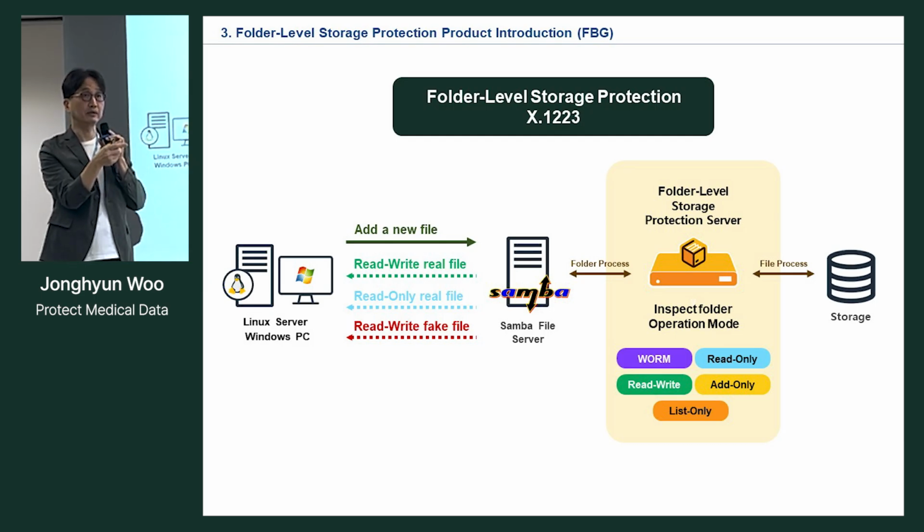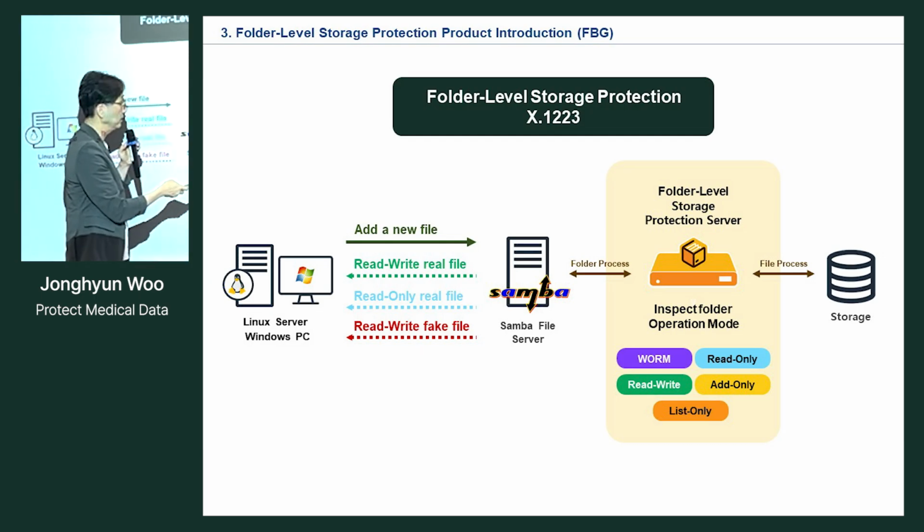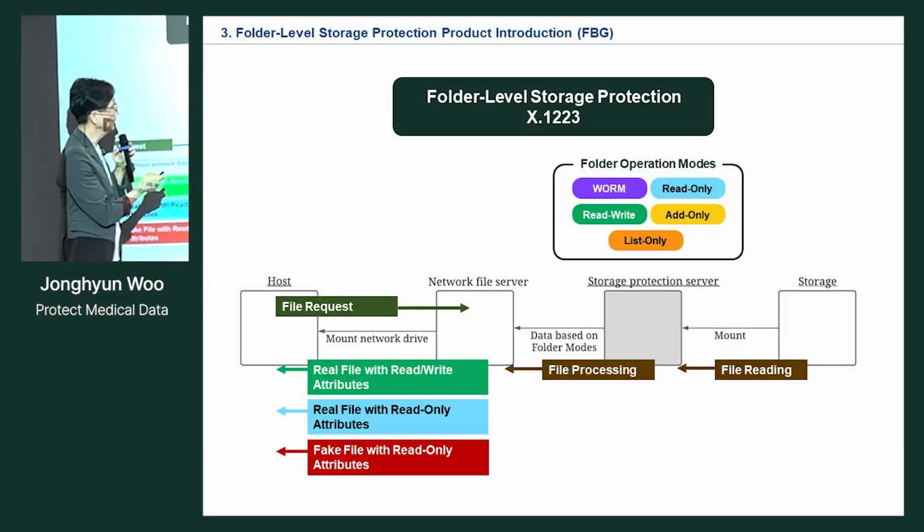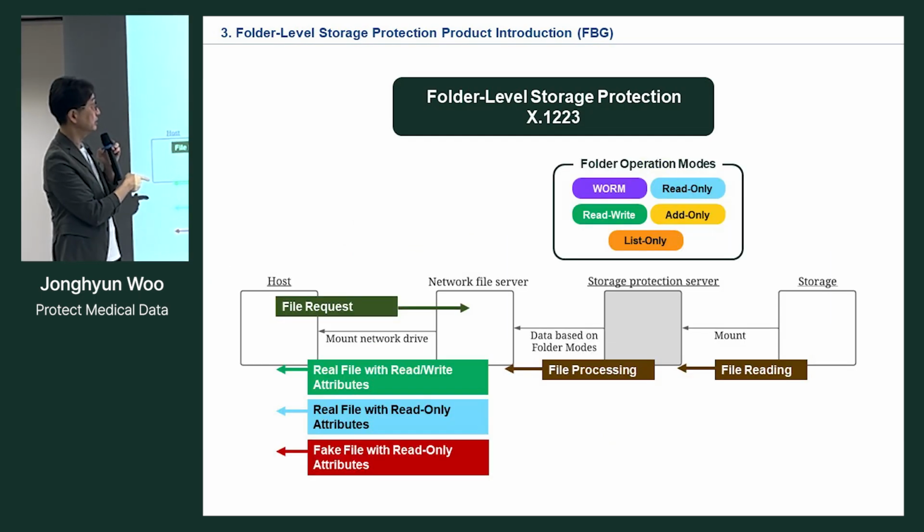Because of that, after providing accounts to your colleagues, if you set it as WORM, any data that comes into the folder level storage protection, if it is protected as WORM, the created file cannot be modified. That's the basic concept. And as I said earlier, following the folder operational mode, it protects the file.